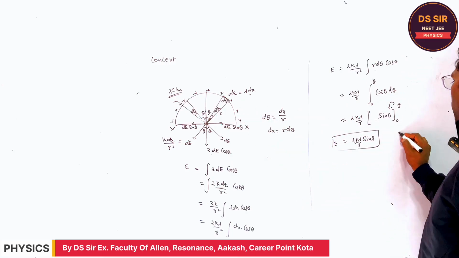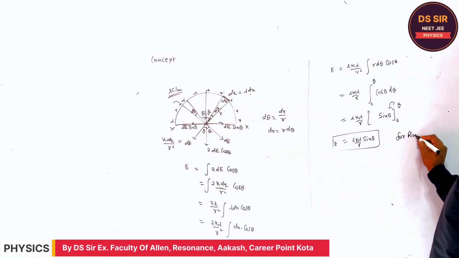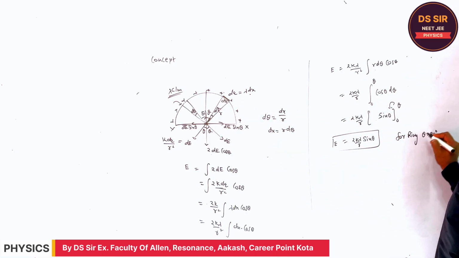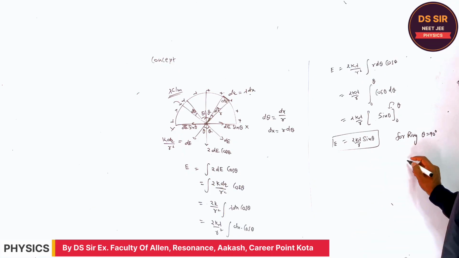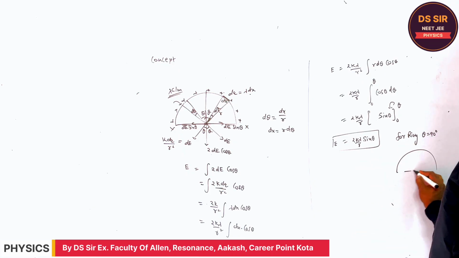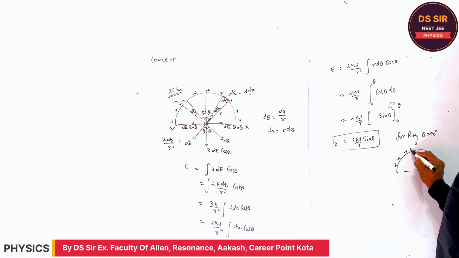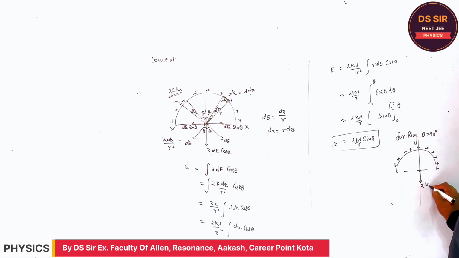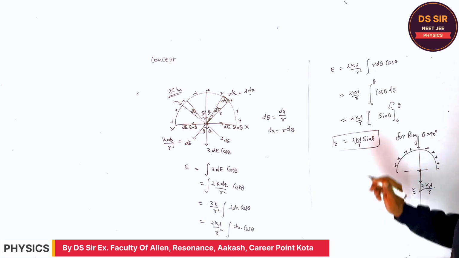So the electric field due to this uniformly charged ring, for the ring, theta is equal to what? Say 90 degree. Because of this complete ring, the electric field at the center will be equal to 2k lambda upon r into sin 90, and sin 90 is 1.